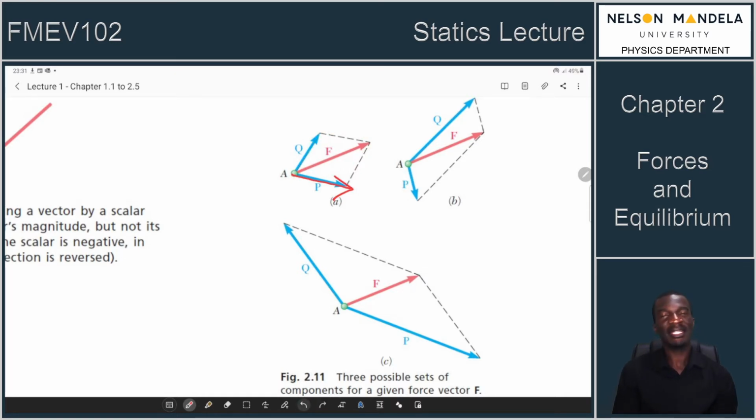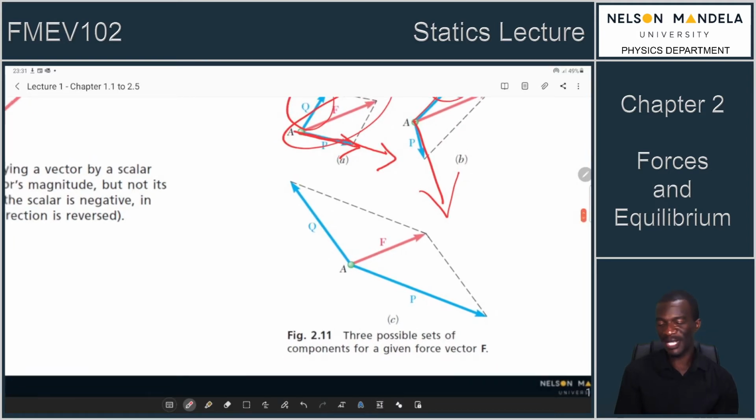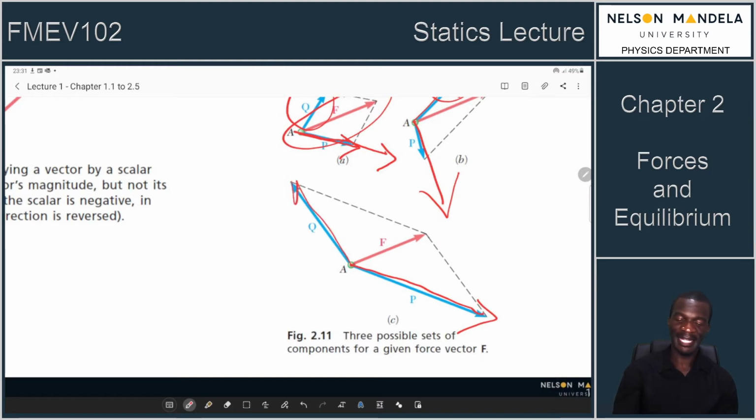Components can also be drawn in any orientation. So someone can also say this same force F can be drawn into components according to part B of the diagram. But instead of starting with my P in this direction, I want to draw my components differently. My first component is in that direction, the other one points in another. You will notice that this Q is pointing in more or less the same direction as the initial Q. But someone else says, okay, I will choose to draw my first component in that direction and another component in a different direction to the first Q's.